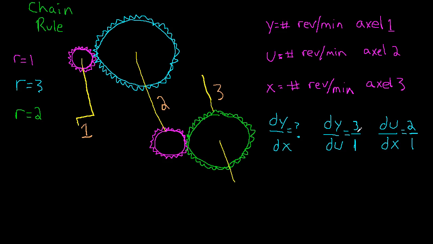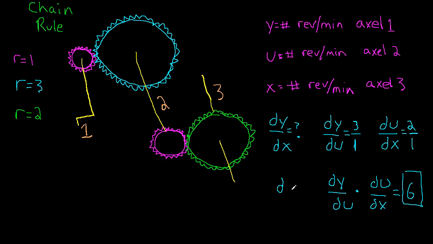This guy would have to spin 3 times to turn him once, and we know he would have to spin twice to turn him once, so it makes sense that we would have to multiply these 2 rates together in order to give us the change in y over the change in x. Okay, so this is 3, this is 2, therefore my overall change will be 6.